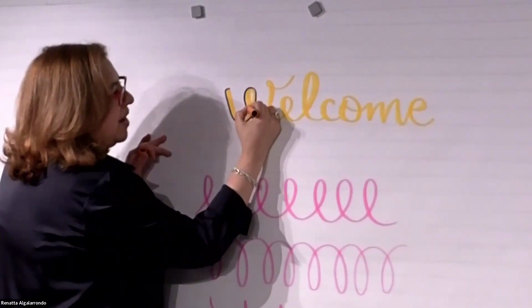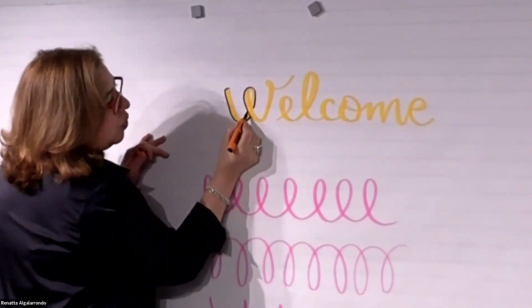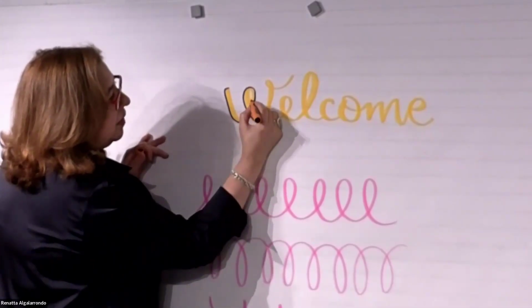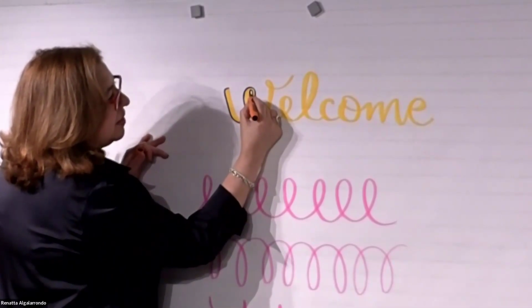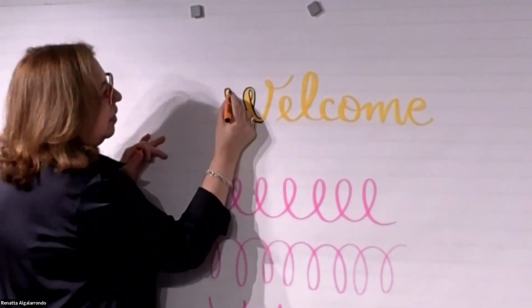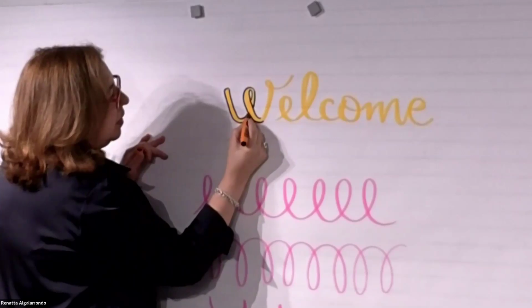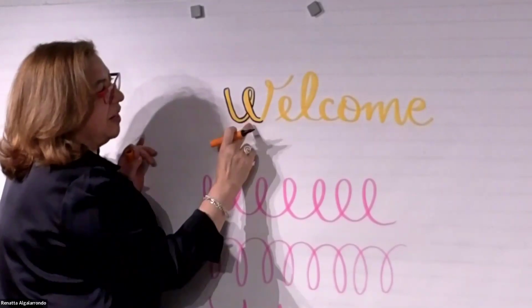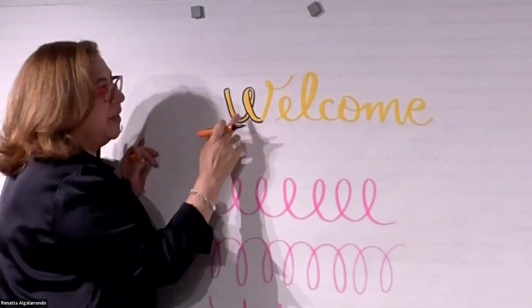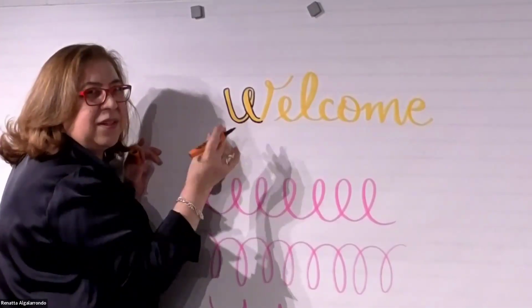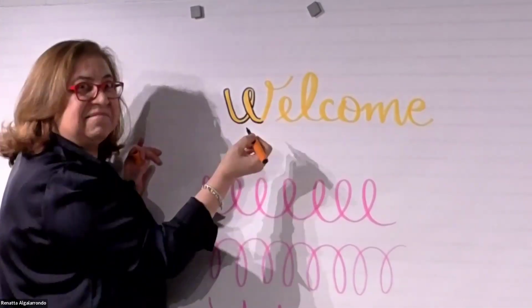And on my way down, now I'm going to go across the way. Again on the inside. Loop and go across. And look at the difference that makes when the outline respects and honors those crossings and loopings. It gives a little bit of a flair.